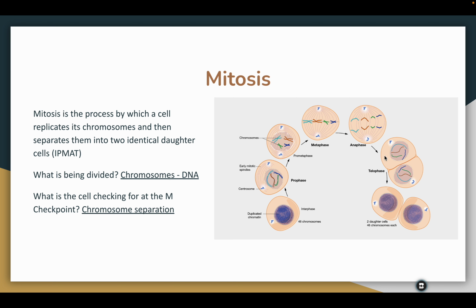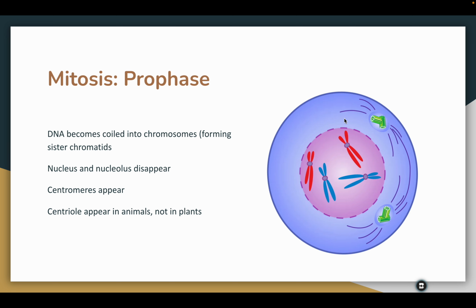And in telophase, you can see that there are still four chromosomes in this cell kind of up above, and then four chromosomes down in the cell below. And so what we're going to do is go step by step through prophase, metaphase, anaphase, and telophase.